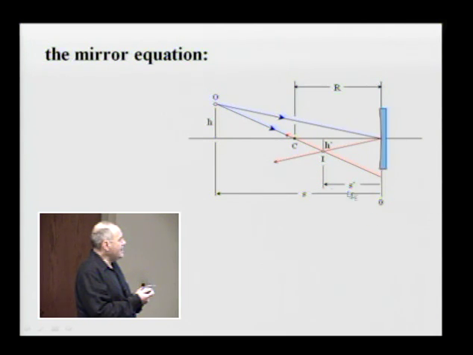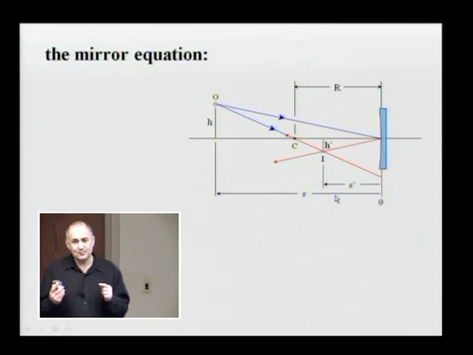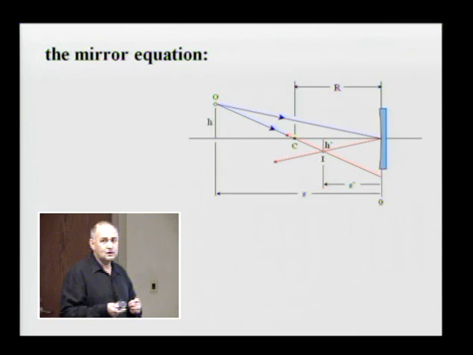So, S, which is the X component of the position of the considered point with the origin at the mirror, is referred to as the position of the object. This one is the position of the image.